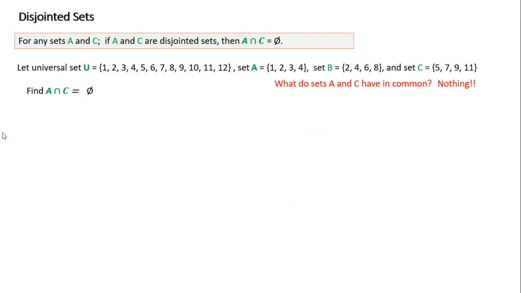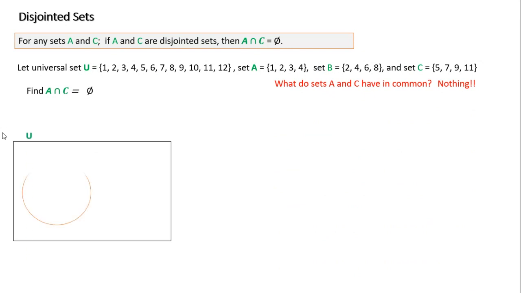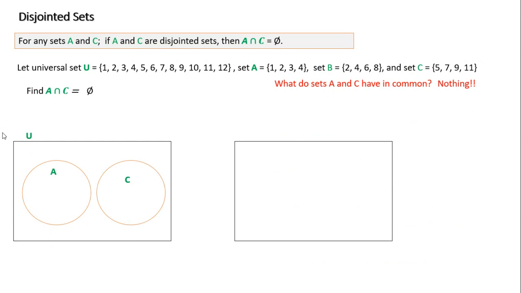A and C would be considered disjoint because they don't have anything in common. If we were to show this on our Venn diagram, this is what it would look like. This is my set A. This is my set C. And if I put the values that I have for set A and set C, A is 1, 2, 3, 4.